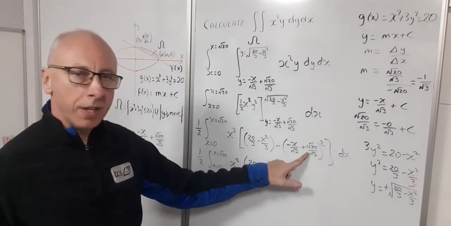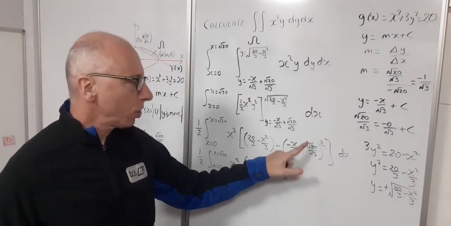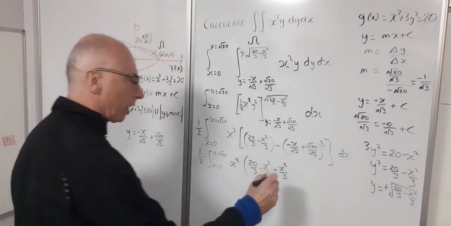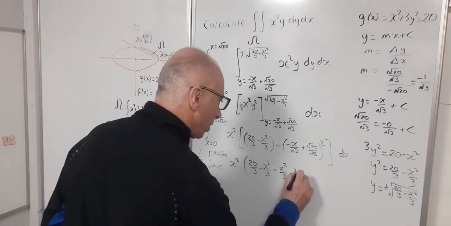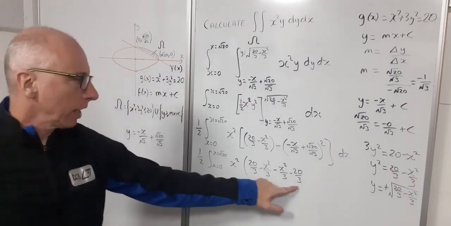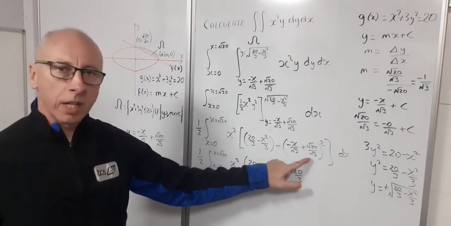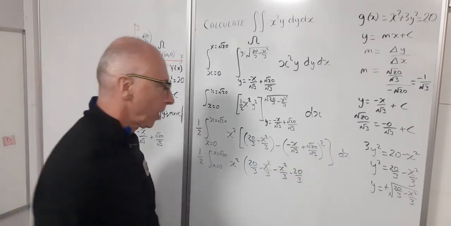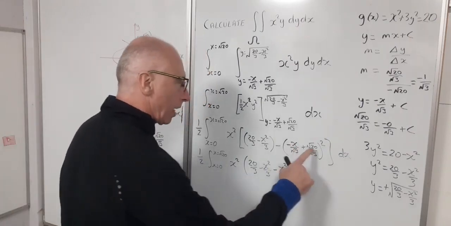Then we've got to square this term. So if we square that, we just lose the radicals. So we get 20 over 3, but with a minus sign. So minus 20 over 3. That's worked pretty handy because these are now going to cancel out. But now let's go careful here because I'll have these two multiplied together twice. So now I'll have minus x root 20.